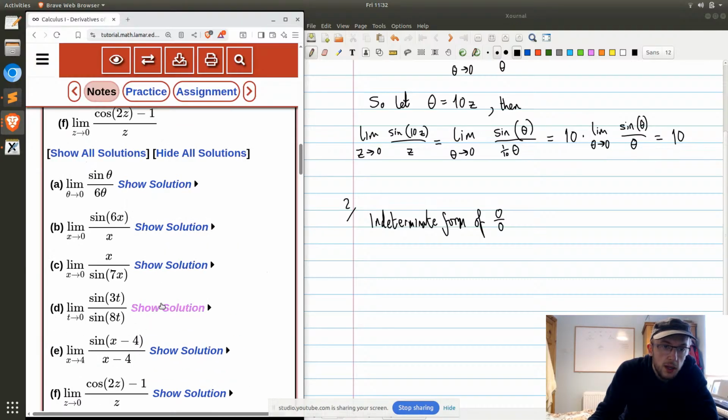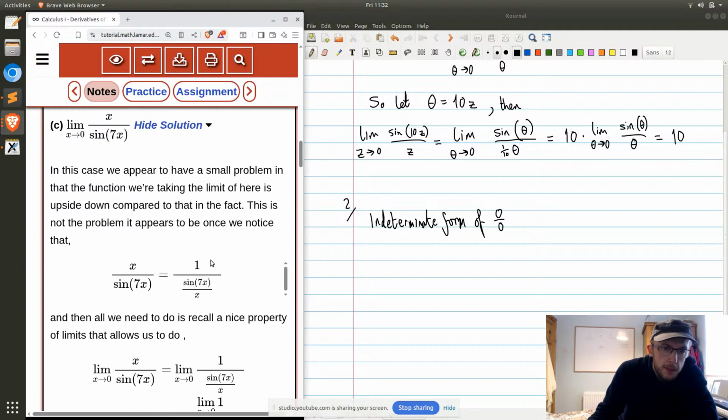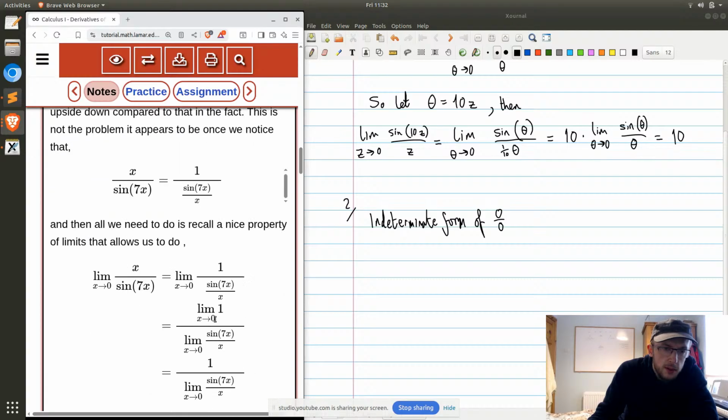All right, so let's scan this one. This isn't the relevant one, but this is fine.